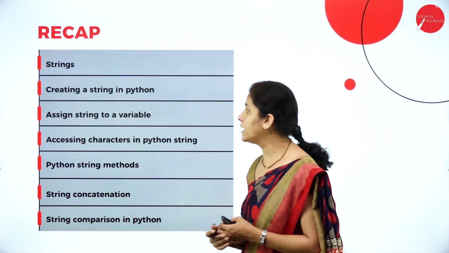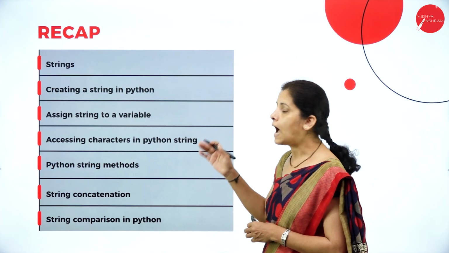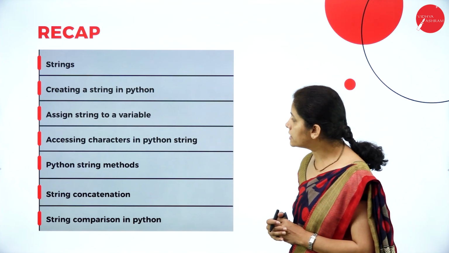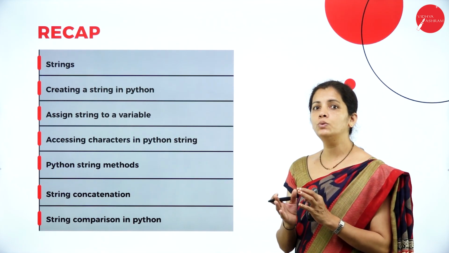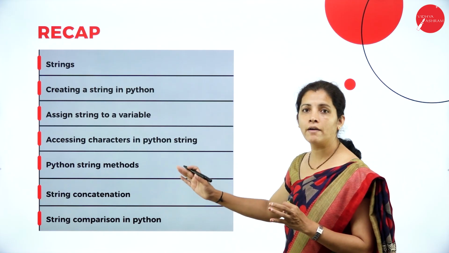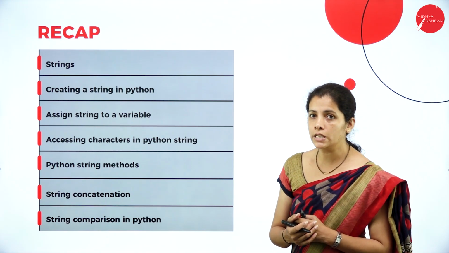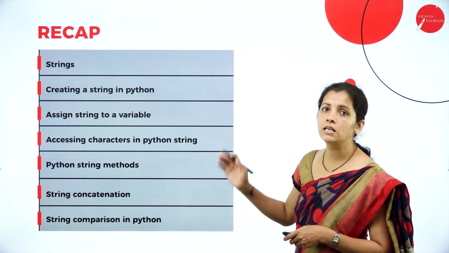Then how I can assign the string to a variable, accessing characters in Python, string methods, and how we can combine two strings. Along with that, we have discussed how we can compare two strings. These are the topics I covered in my last session.